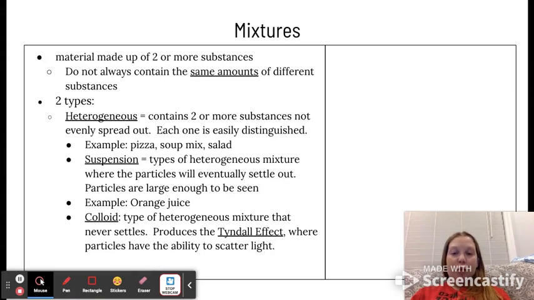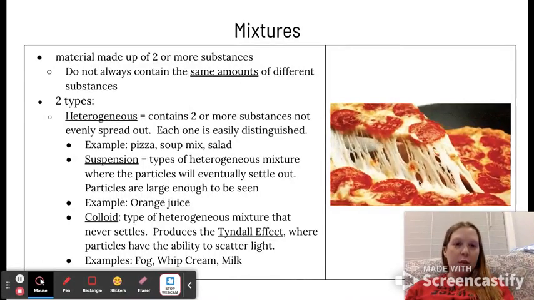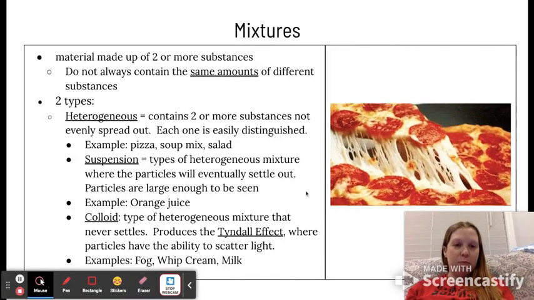But these will produce what's called the Tyndall effect, and this is where particles have the ability to scatter light, so you will not see light go straight through a sample. So fog, whipped cream, milk is a good example. It never actually settles out. So there's a nice, delicious picture of pizza.